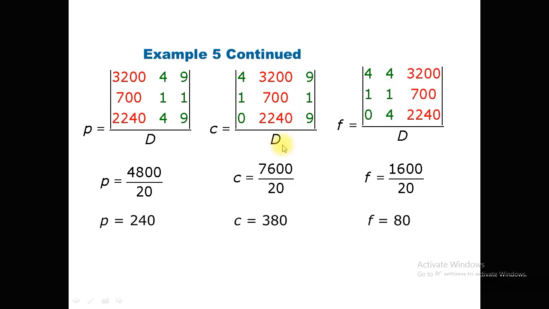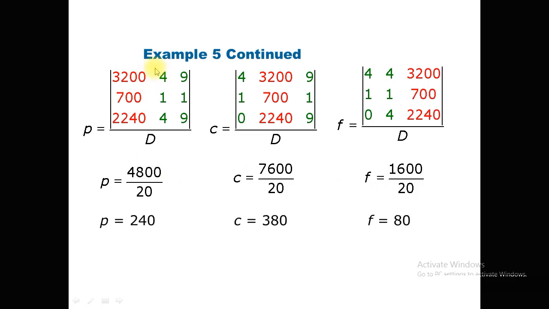And for f, construct the new determinant dz. Since here we are finding p, c and f, name the new determinants dp, dc, and df. So find the determinant df and divide by the coefficient determinant, we get the value of f.